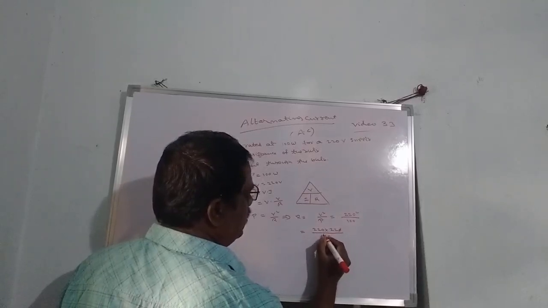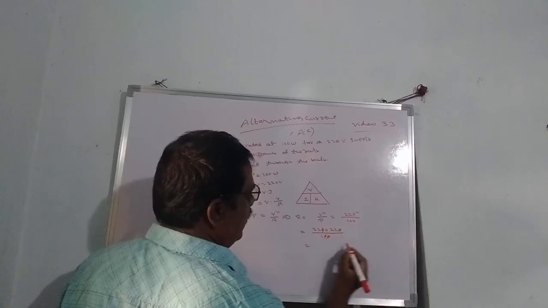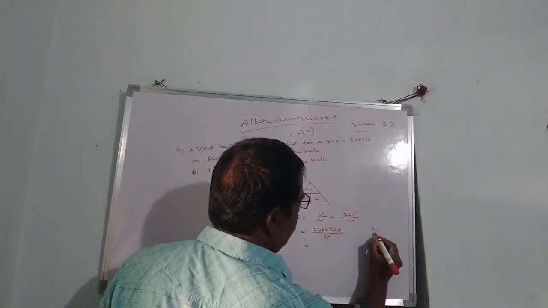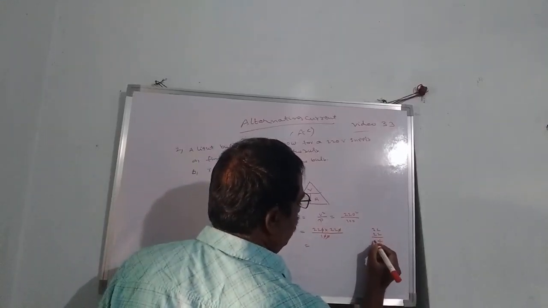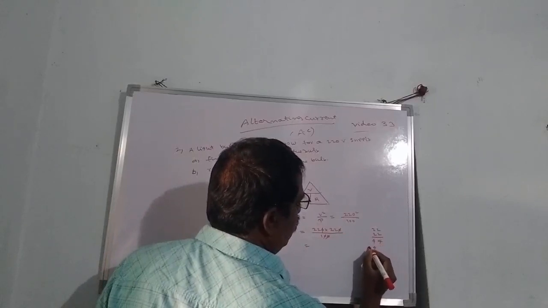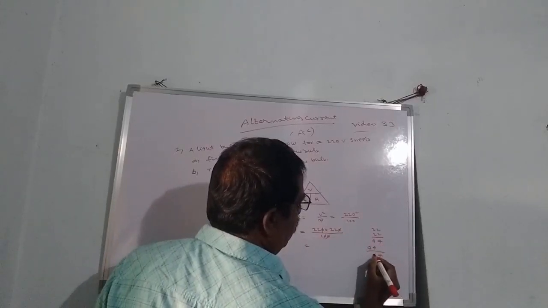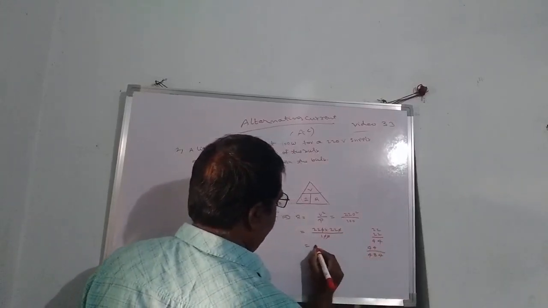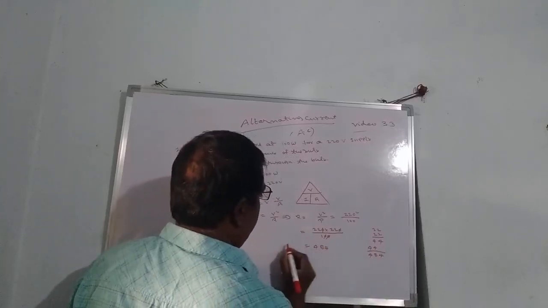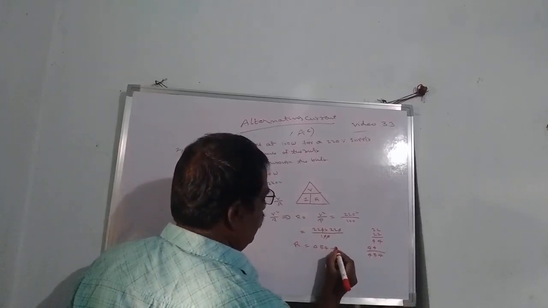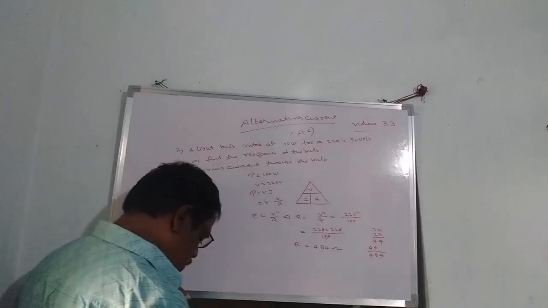The 0, 0 get cancelled, 0, 0 get cancelled. That means it becomes 22 into 22: 4, 4, 4 and 4, 484. So the resistance value is 484 ohms.